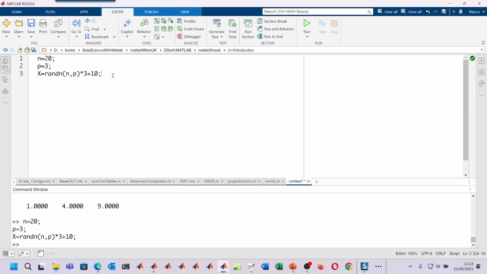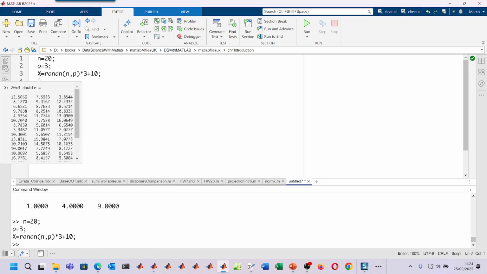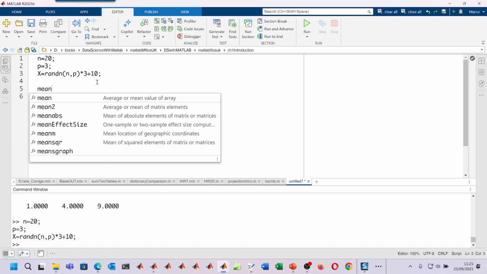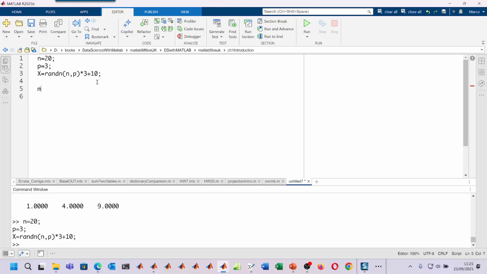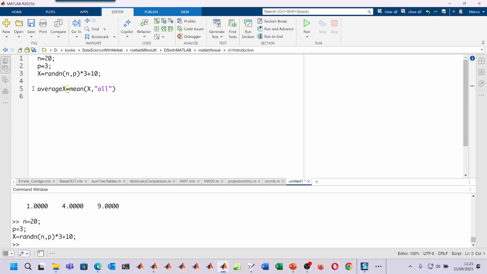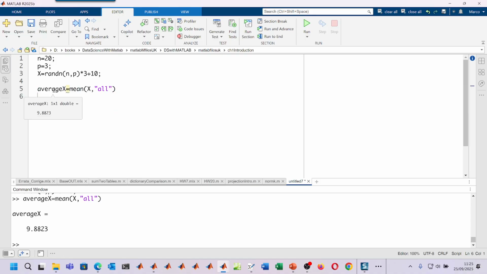Now, if I have to compute the matrix of deviations from the means, of course, the means are, let us call it average x, so mean of x. With mean of x you can compute the mean of all elements.